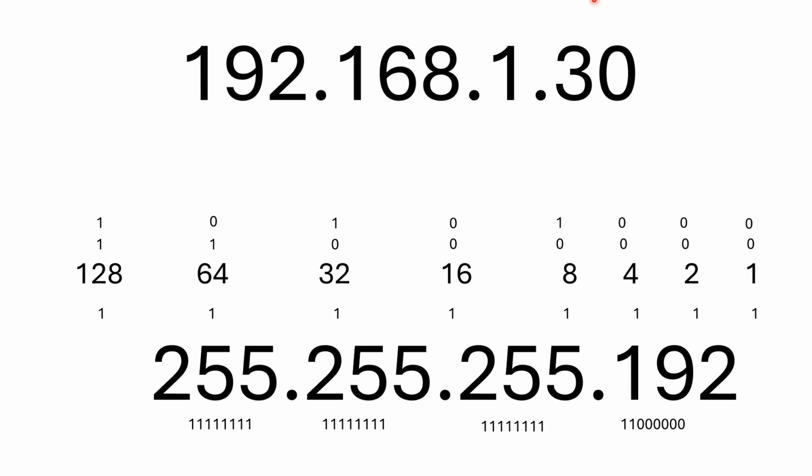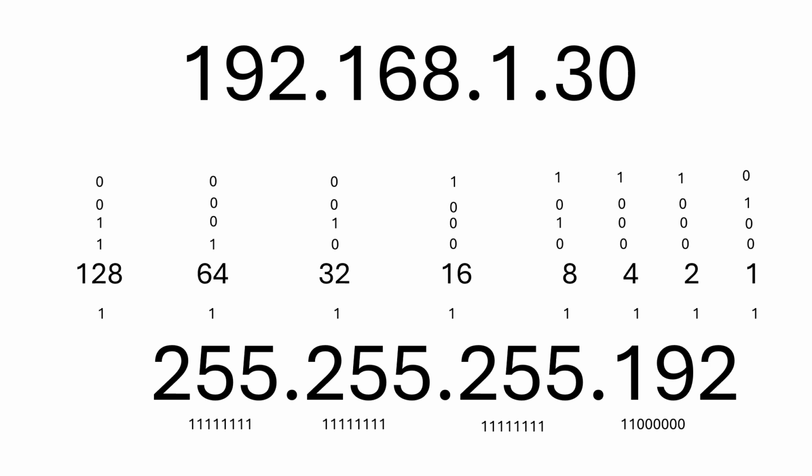If you add 128, 32, and 8, you get 168, which is the decimal value that we are looking for. For 1, it's easy. We just need to put 1 against the place value for 1 right here. For 30, we need to add 16, 8, 4, and 2. So we will put 1 against these and zeros against the rest.